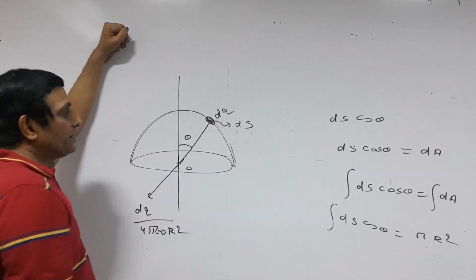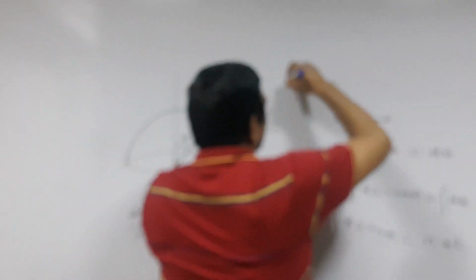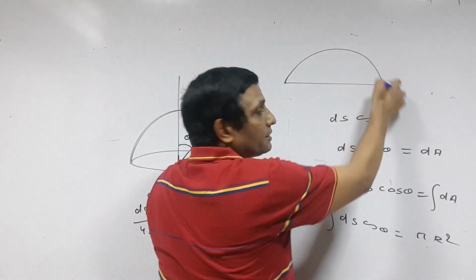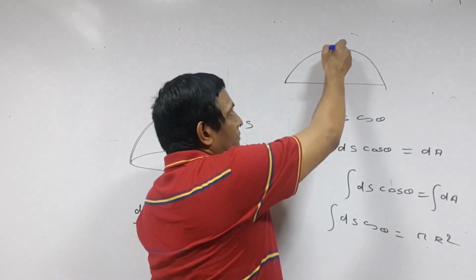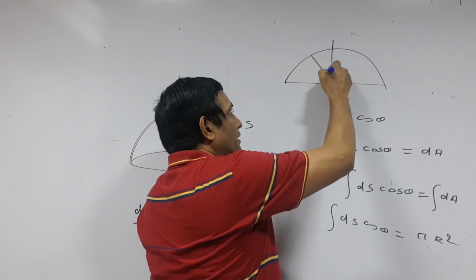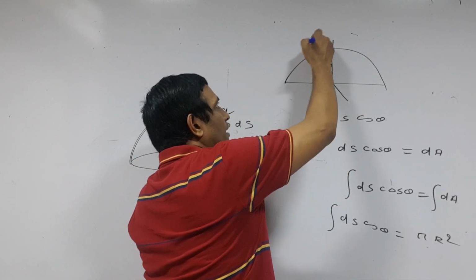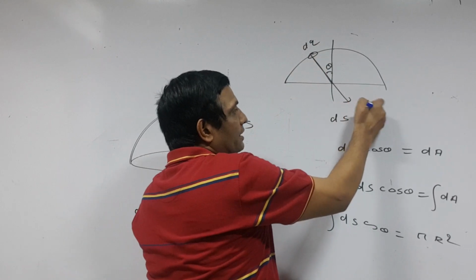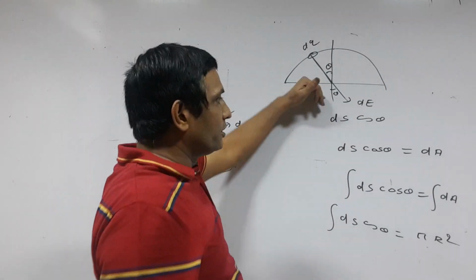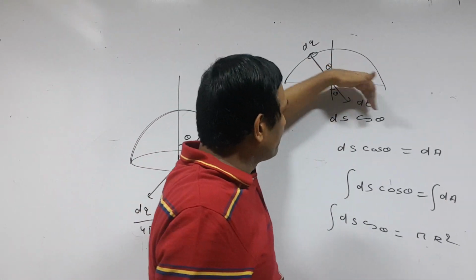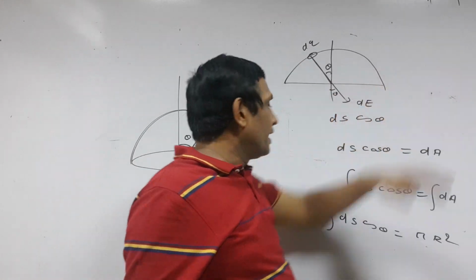But by symmetry, if you consider another charge here, just like at angle theta, then you get dE in this direction. The component of dE in this direction will be dE cos theta, and in this direction dE sin theta.